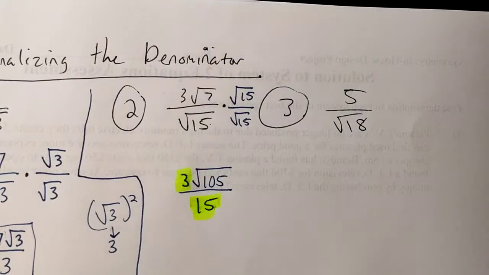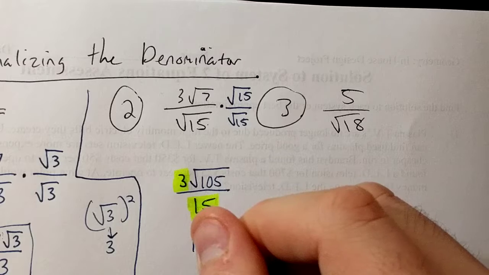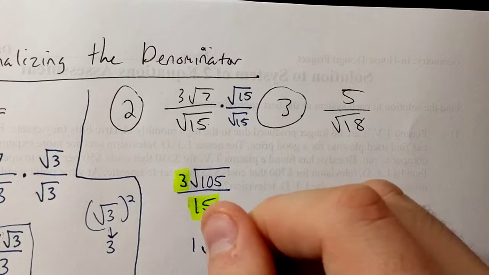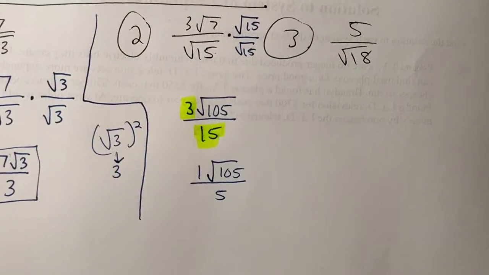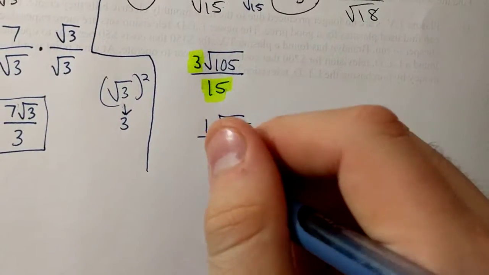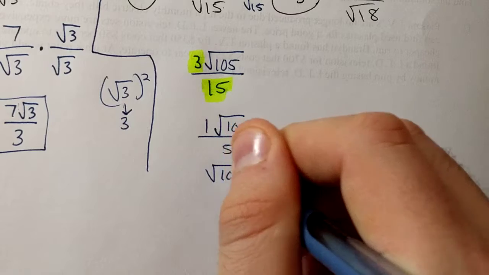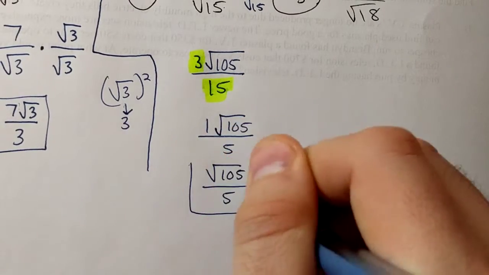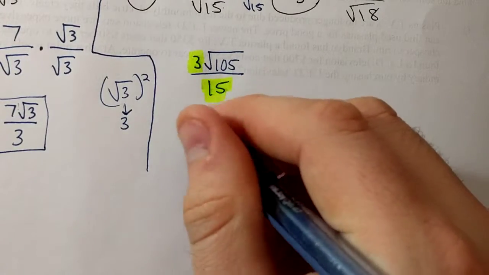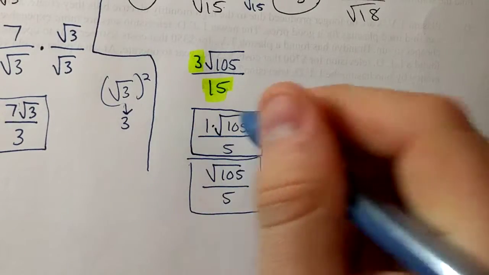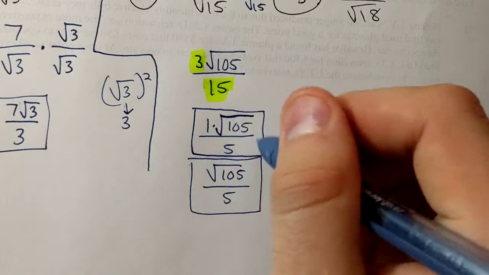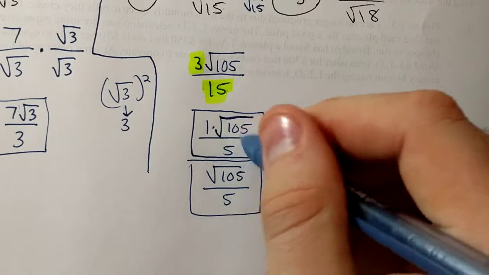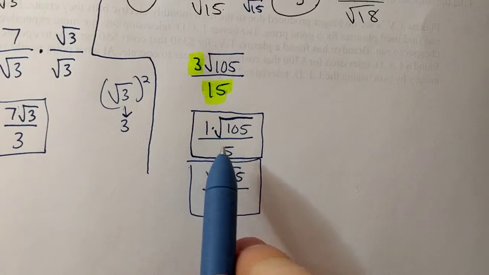In this case, they can. 3 over 15 is going to turn into 1/5. So I can write 1 times the square root of 105 over 5, or you can just write it as the square root of 105 over 5. It doesn't actually matter which one you write. This one you're going to see more often as an answer, while the other is a little bit less standard.